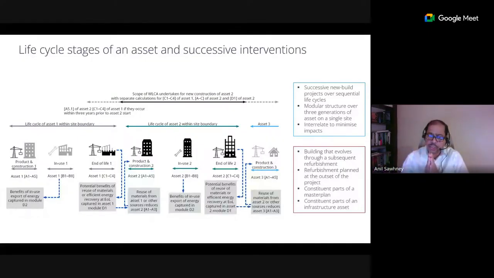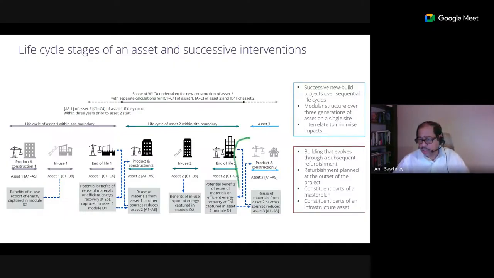If this switch takes place within 3 years, meaning the deconstruction takes place today, and within 3 years asset 2 is constructed, then A5.1 of asset 2 will include all the demolition. The end of life, meaning any reuse, recycle, transport to landfill, and all those will be calculated under asset 1's C1 to C4.